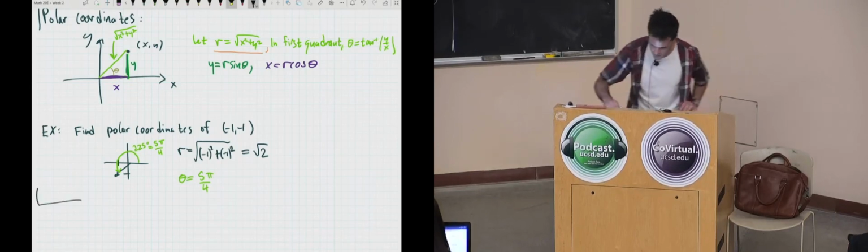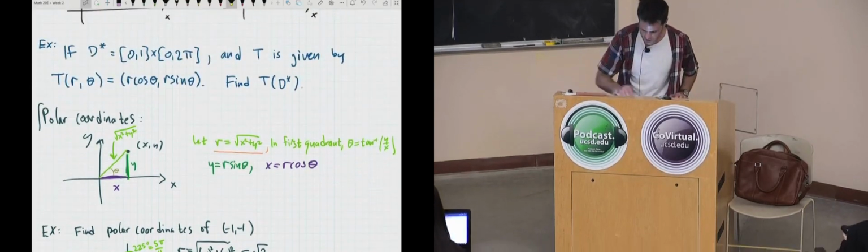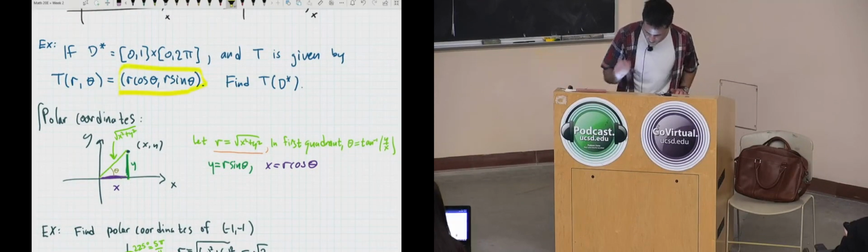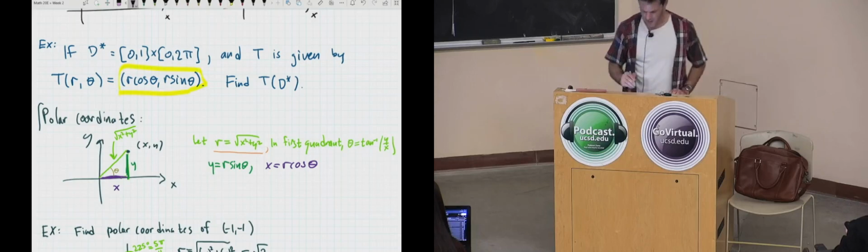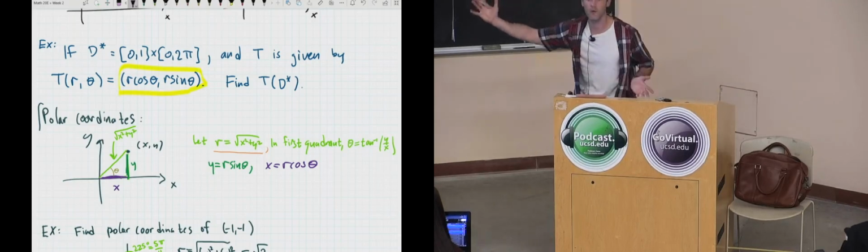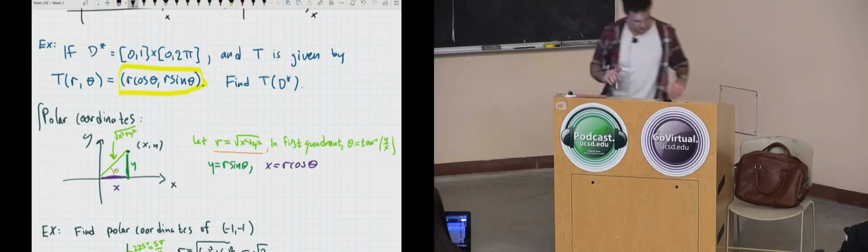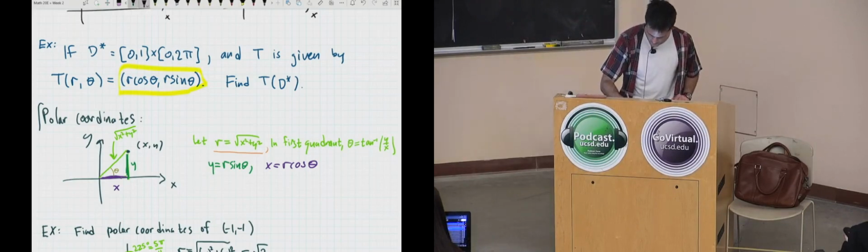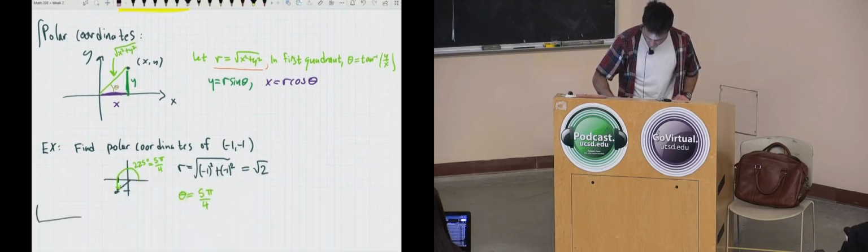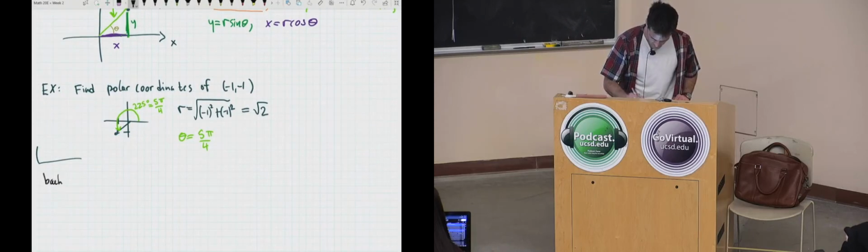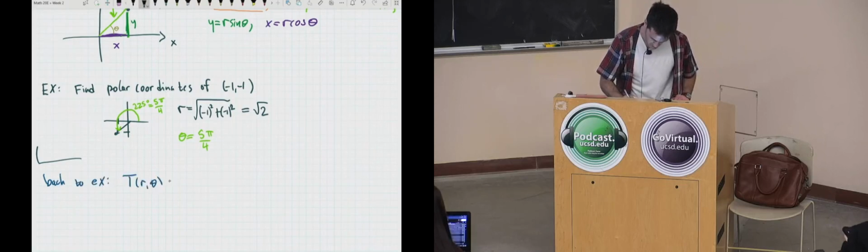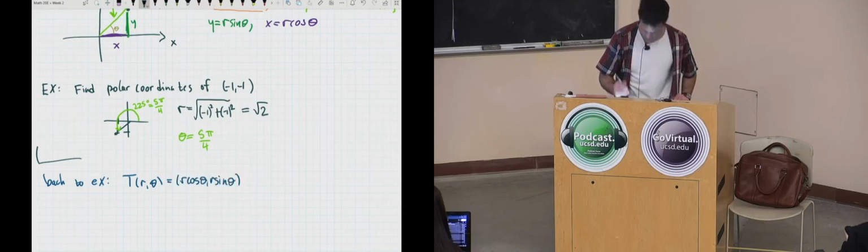Now let's go back to what I was talking about, which was this transformation T, this one. So we see that this transformation is exactly just the polar coordinate formula. So T of r theta equals r cos theta, r sine theta.